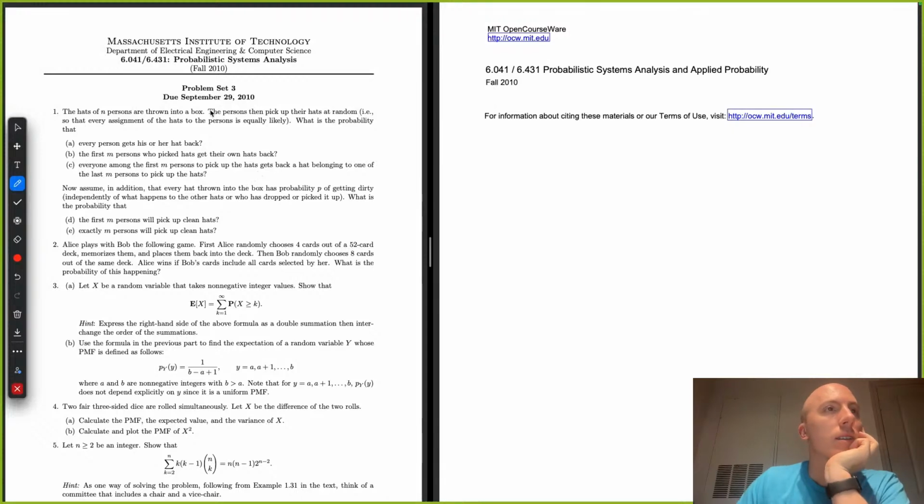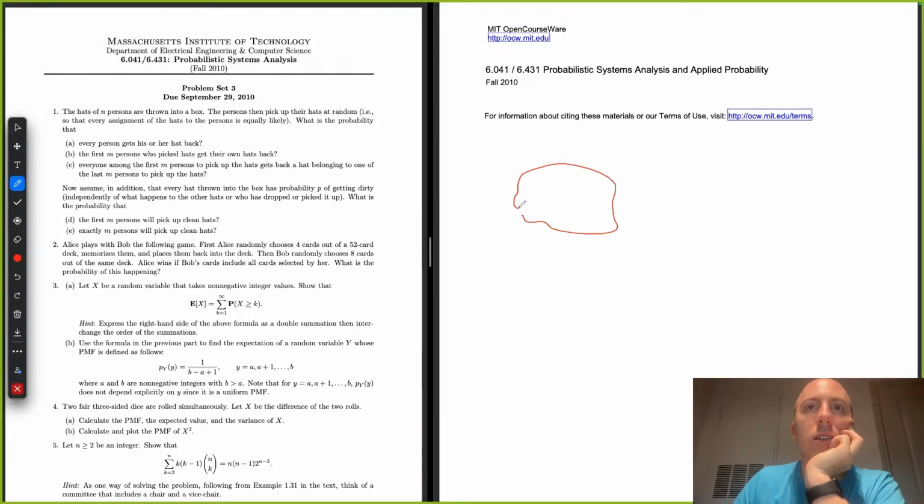What's the probability that every person gets his or her hat back? So N persons, N hats are thrown into a box. So you got a bunch of hats that get thrown in here. We say every person gets his own hat back.